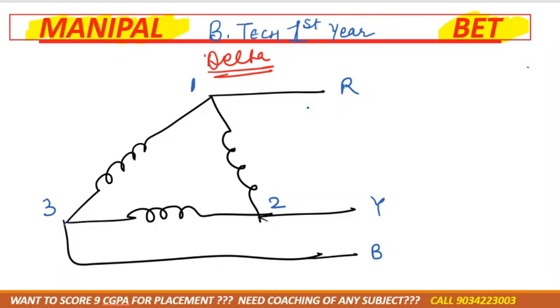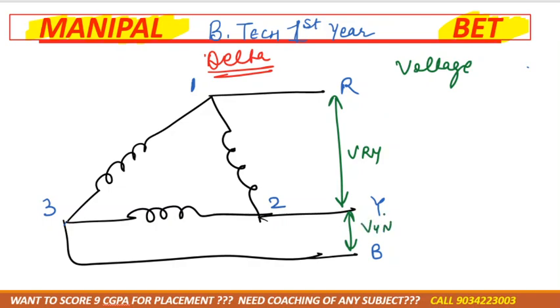Got it? So now first of all we have to mark the voltages over here. We'll mark the line voltage. Voltage between R and Y is VRY. Voltage between Y and B is VYB, and voltage between B and R is VBR, right? So these are all the line voltages.